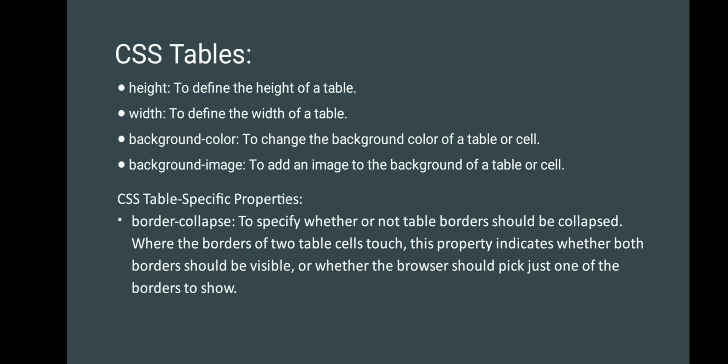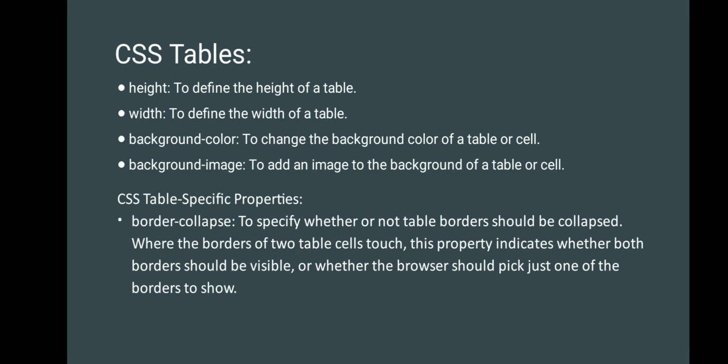Likewise, we can apply a background image for the whole table or a cell or a row. Either we can use background color or background image. We will not apply both. Now we'll see table specific properties in CSS.